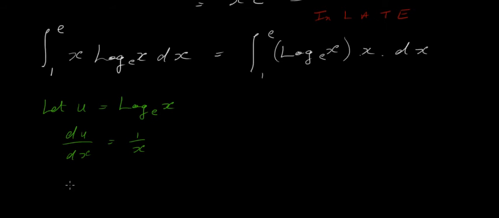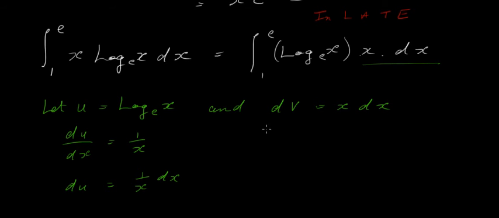So that gives us du then equal to 1 over x dx. Okay. Now, we're letting u equal to log x to the base e, so our dv is going to be the remaining part, this part here, which is x dx.